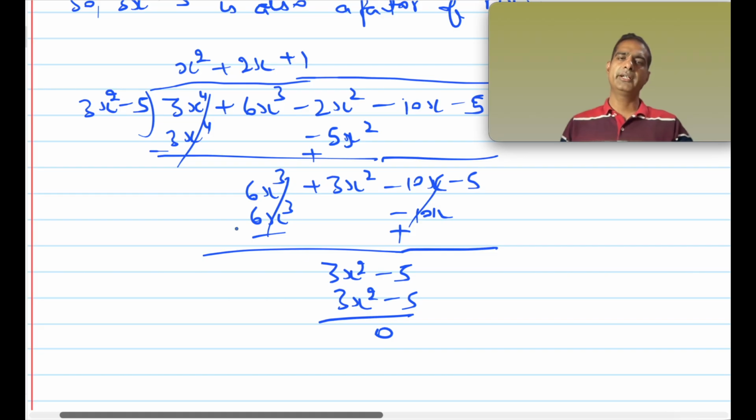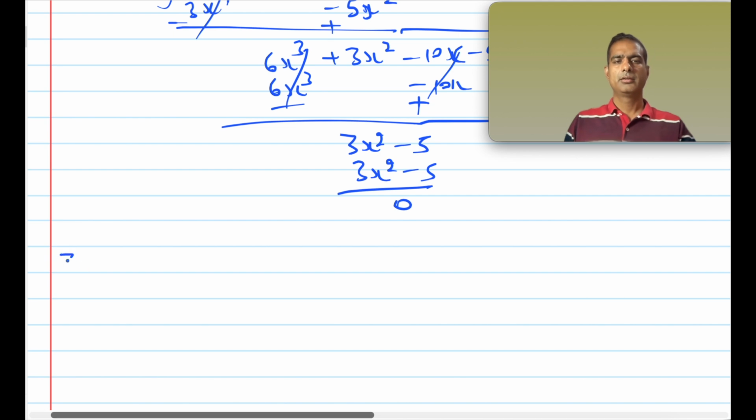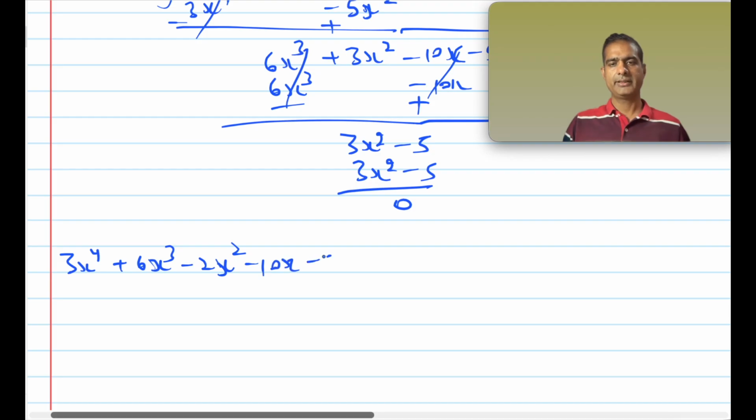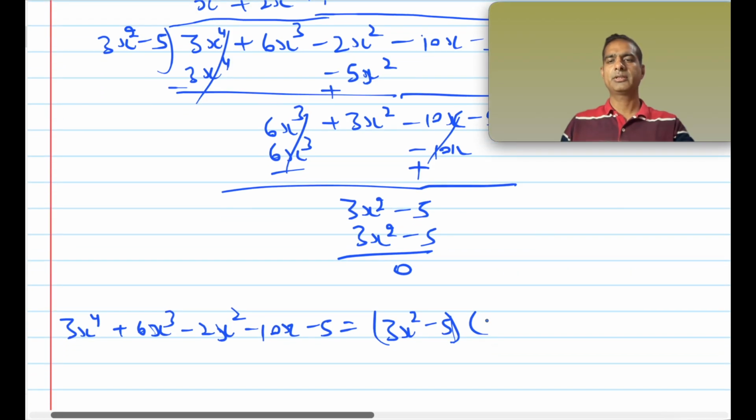So by using the dividend is equal to divisor into quotient plus remainder, I can write 3x to the power 4 plus 6x cube minus 2x square minus 10x minus 5 is equal to the divisor 3x square minus 5 times the quotient we got, x square plus 2x plus 1, plus remainder, that is 0.